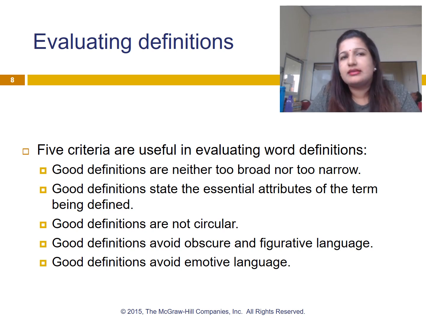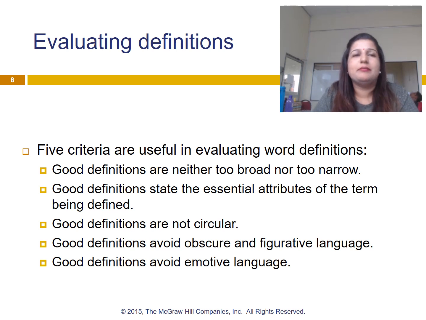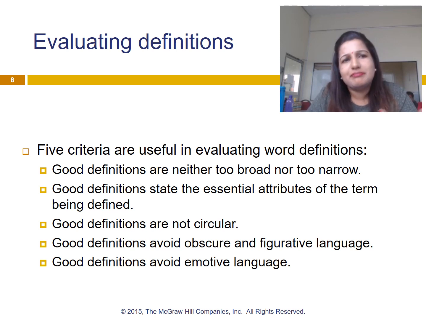How do you think the 5-year-old would be able to differentiate between, say, a chair and a table? Because both the chair and the table would have 4 legs. So you have to give a good definition by giving the essential properties, but yet not so much. Then it becomes a good definition. So that's the first point. Not too broad, nor too narrow.